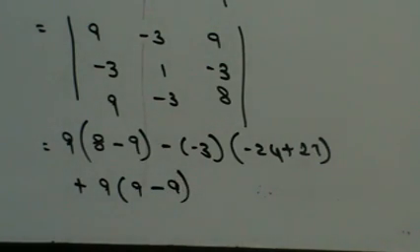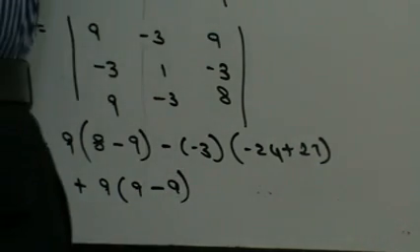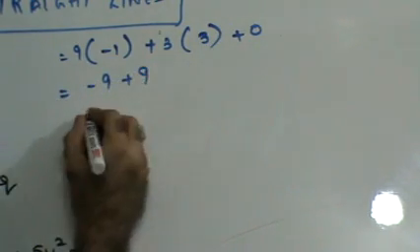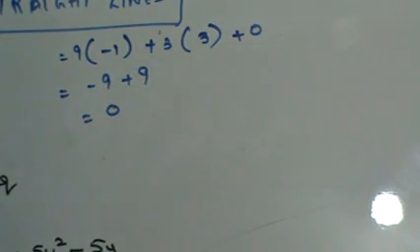So this will give you 9, 8 minus 9, that's minus 1, minus into minus plus 3, 20 minus 24 plus 27, which is nothing but 3 plus 0. This gives you minus 9 plus 9, 0.